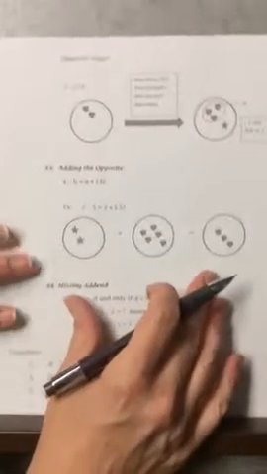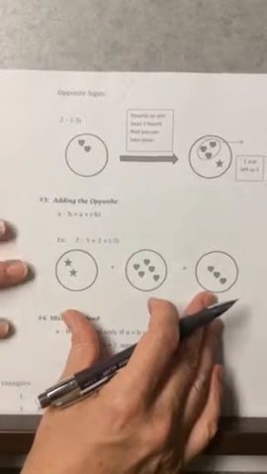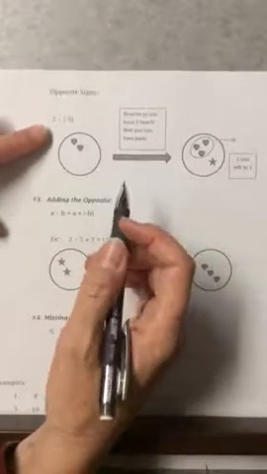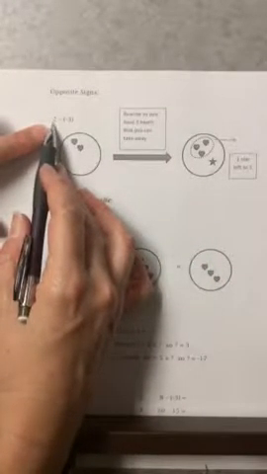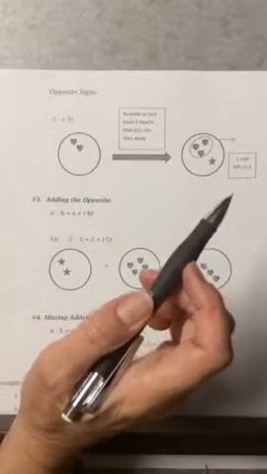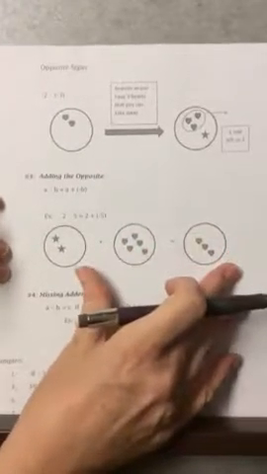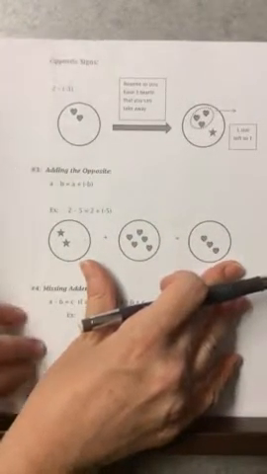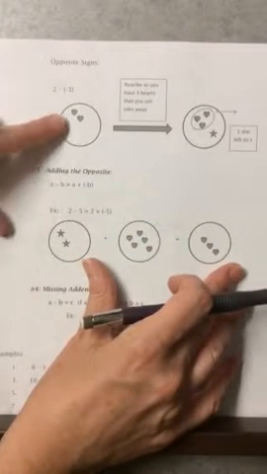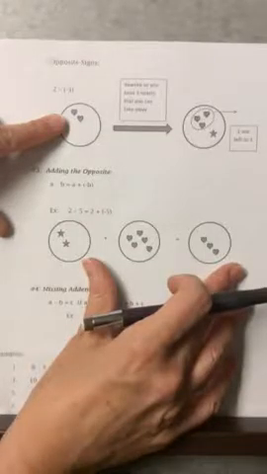Moving on now to the opposite signs. So what do we do if we have -2 and we're trying to take away -3? We want to rewrite this so that we have 3 hearts to take away.